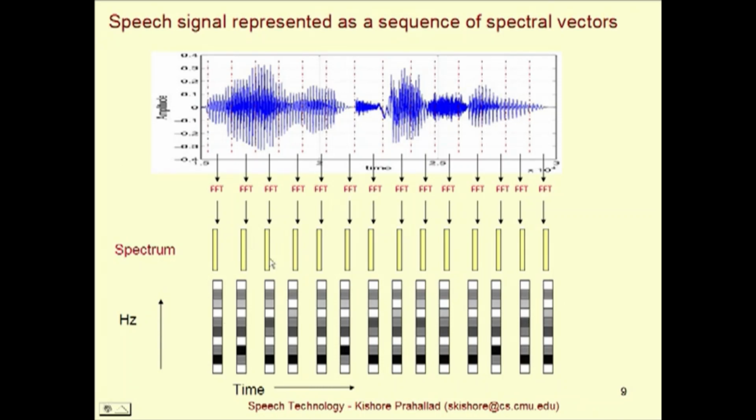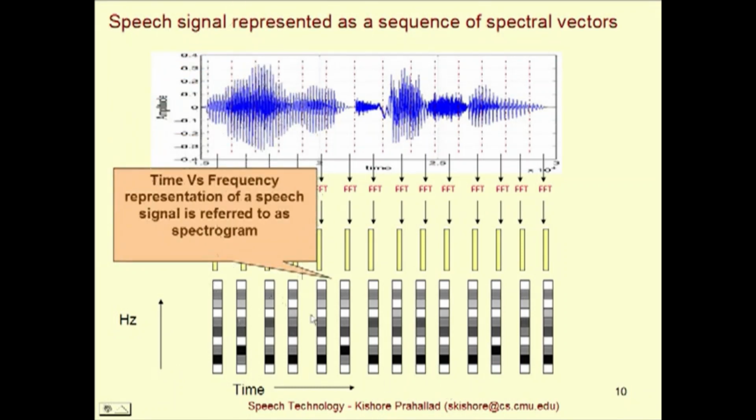If you do the same process for all the spectra, you would get a sequence of blocks like this, where the horizontal axis is the time and the vertical axis is the frequency. You can treat this as a time frequency representation of the speech signal, which is referred to as spectrogram. Please note that we started with the speech signal, got the spectrum, and the peaks in the spectrum have been denoted as dark and white regions.